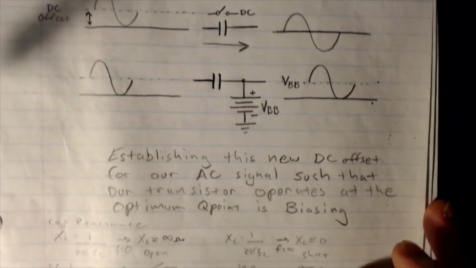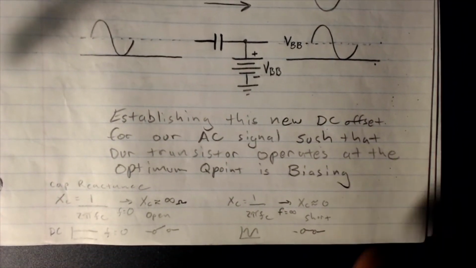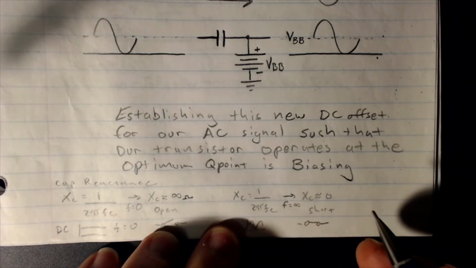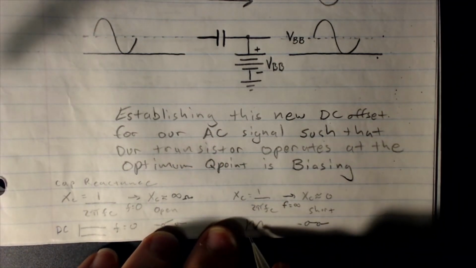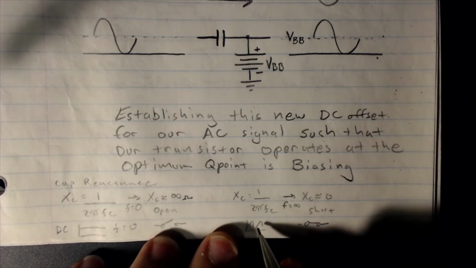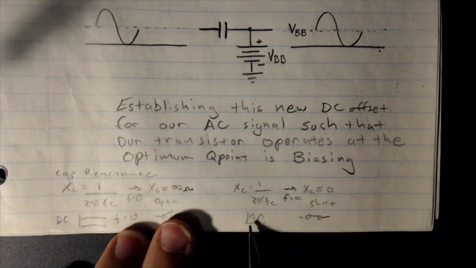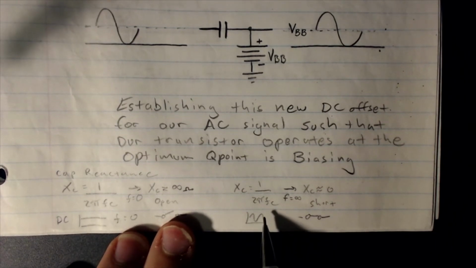However, what happens to the capacitive reactance if we're talking about AC, not DC? If we're looking at a changing voltage, we're going to have to make a little bit of a jump here and just work off of the assumption that the frequency is sufficiently high that this happens.